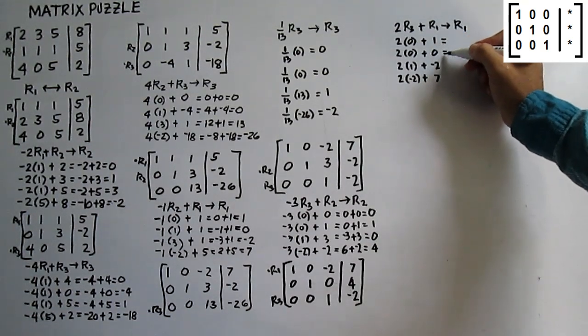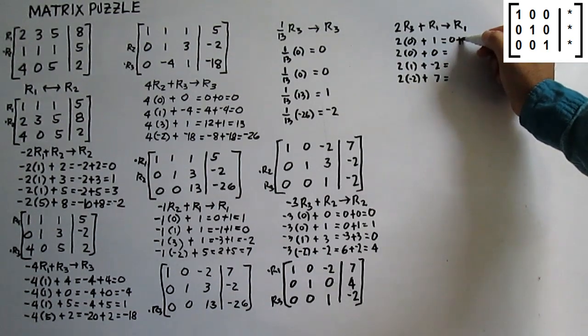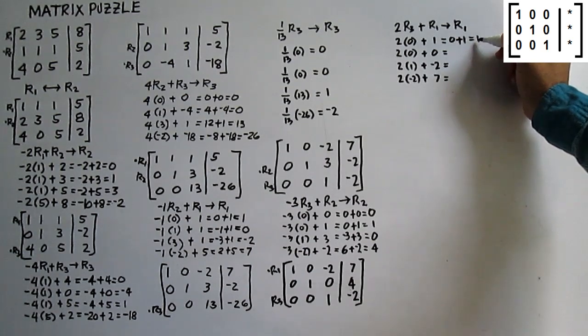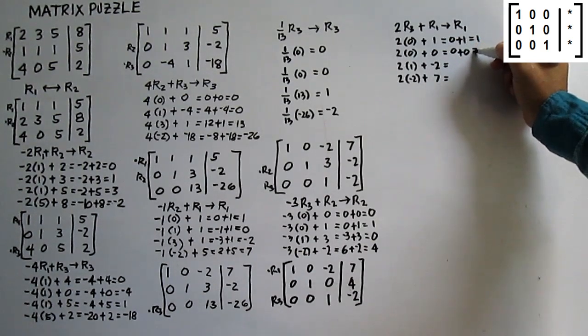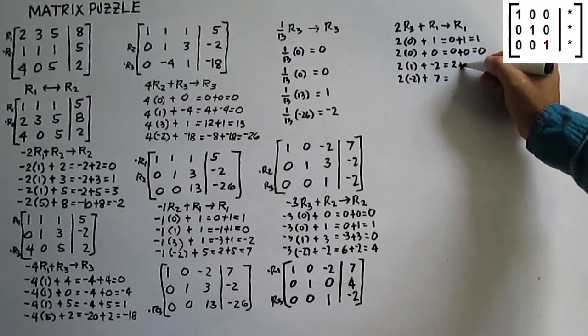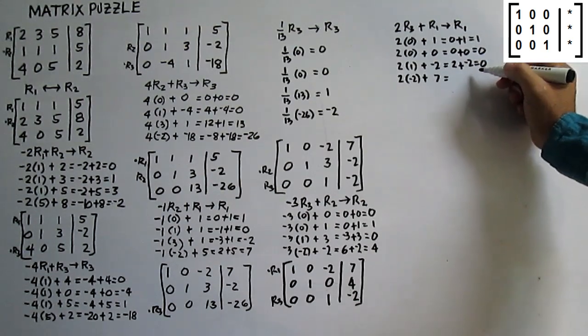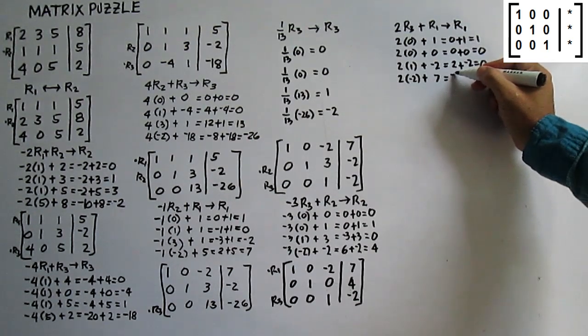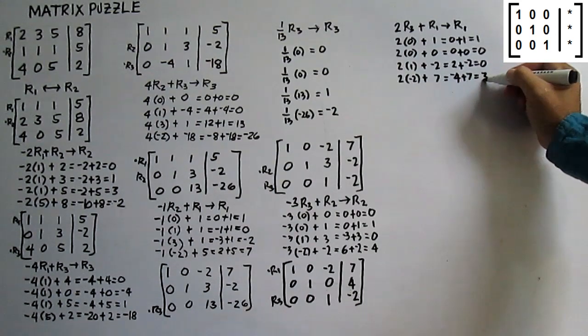This is equal to 0 plus 1 equals 1, 0 plus 0 equals 0, 2 plus negative 2 equals 0, negative 4 plus 7 is equal to 3.